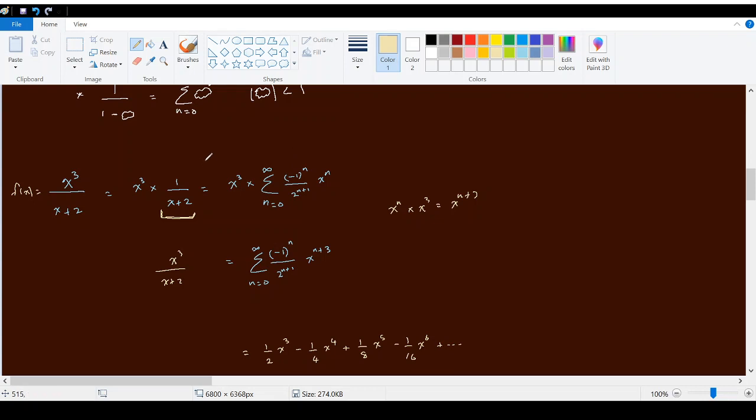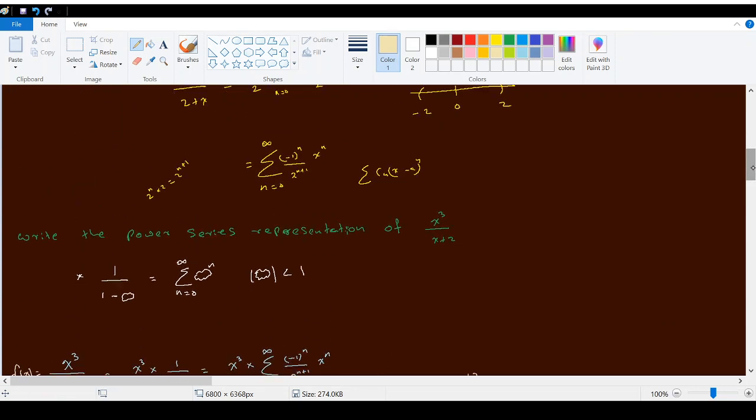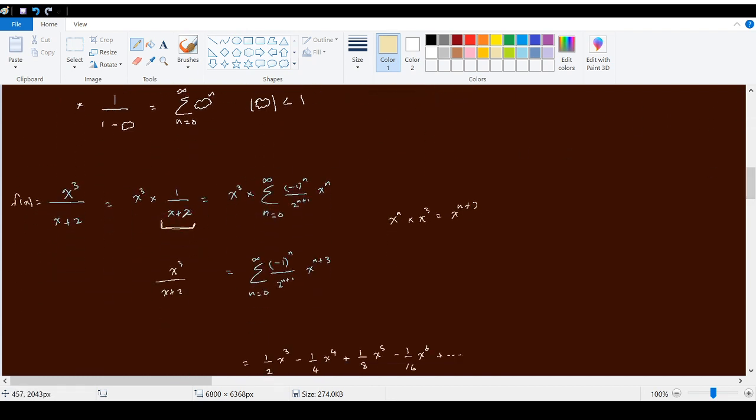And now remember, this representation was valid for x within this region, for the modulus of x less than 2. That means this equation is true for this interval, and that means this equation is true for this interval.